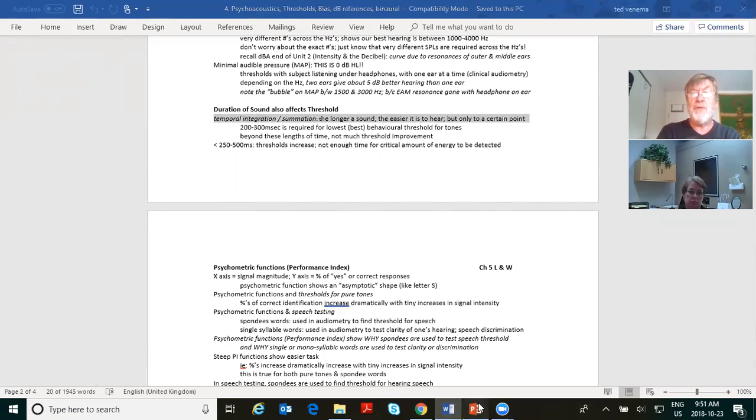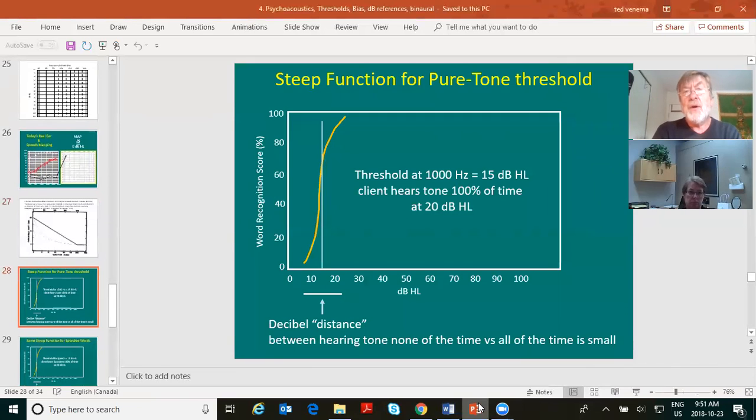Next. Okay, waltzing through. Oh, this is something you're going to look a little bit at in speech audiometry and things like that. It's called performance index functions, PI function. Now, we won't spend a lot of time on this. We'll just kind of look at this briefly and then kind of move on.